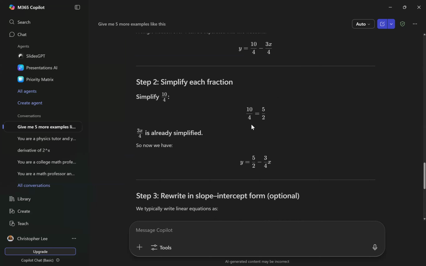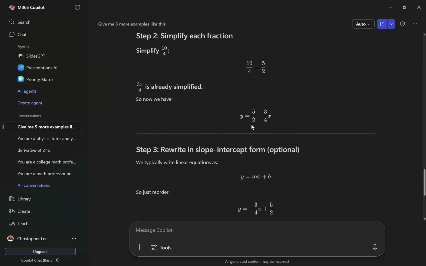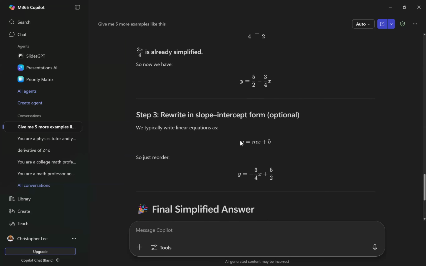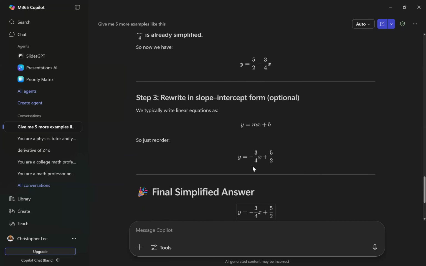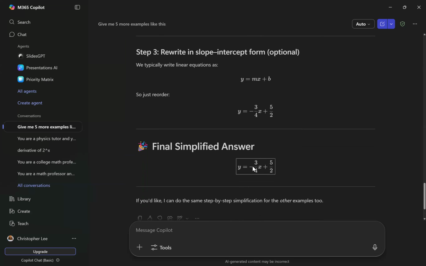Reason being that 10 is 5 times 2, 4 is 2 times 2. You can cross out the two twos, and you're left with just 5/2. And then you rewrite it in y equals mx plus b format. Boom, that's our final answer. You can ask it questions in the middle of the process. You can ask it to explain in detail, like if you felt it skipped a step, explain to me how you went from step 3 to step 4.